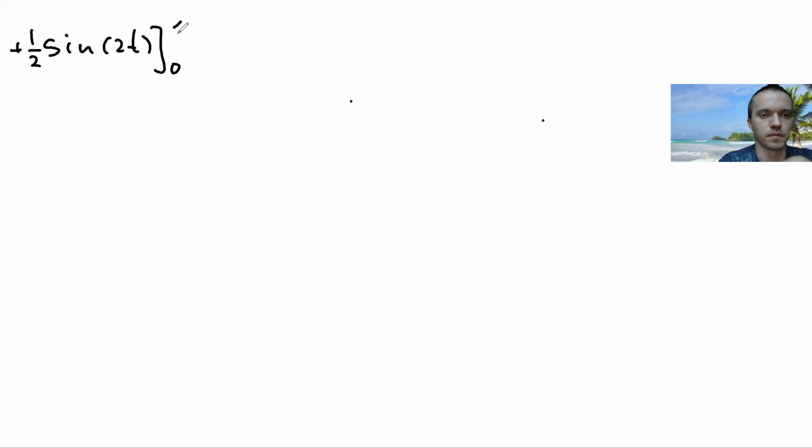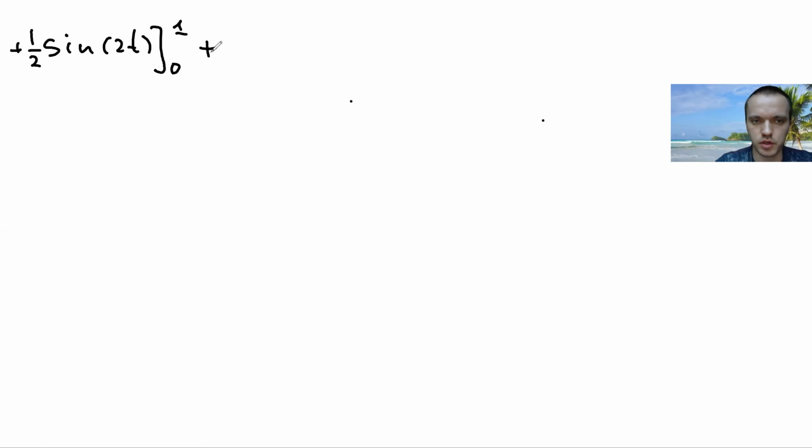We will either have sine with a plus or negative sign, but to figure that out, I need to differentiate sine. When I differentiate sine, I get cosine, so that's why I have sine of 2t. But when I differentiate sine of 2t, I apply the chain rule, so I will have 2 in front. So I actually need to divide by 2, and then I set my boundary from 0 to 1.